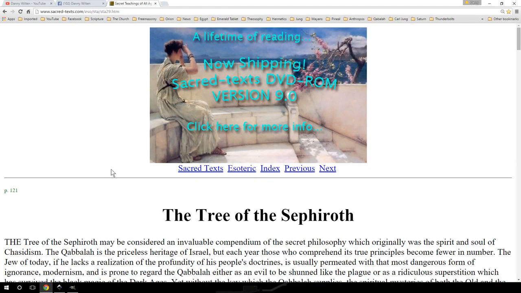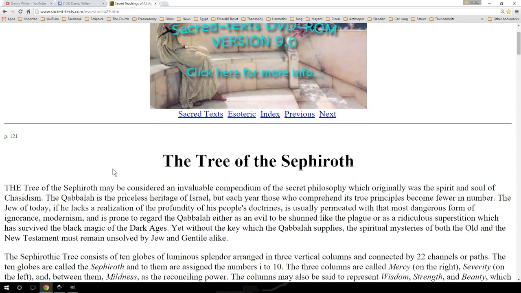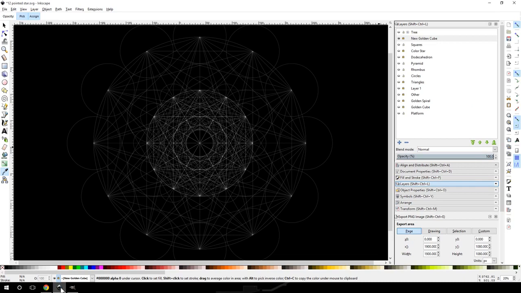Now this is from The Secret Teaching of All Ages. This is the Tree of the Sephiroth. And this is what's interesting about this particular pattern.